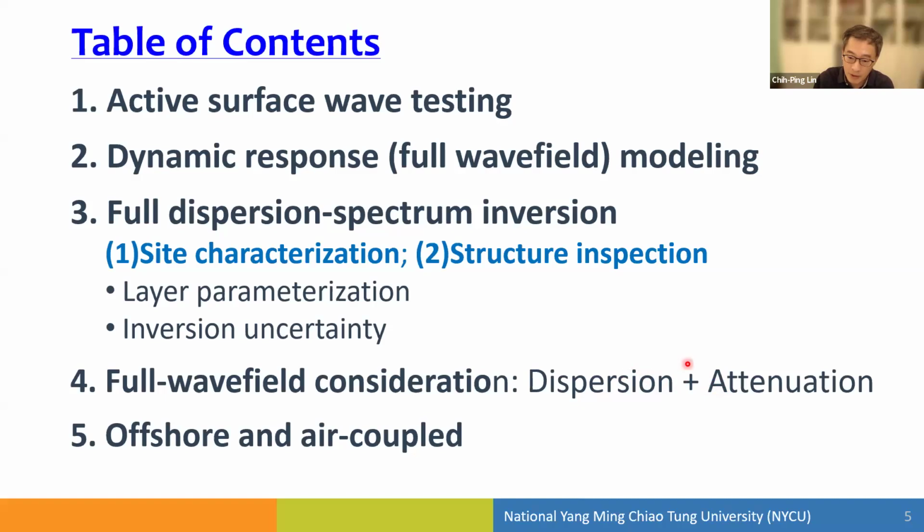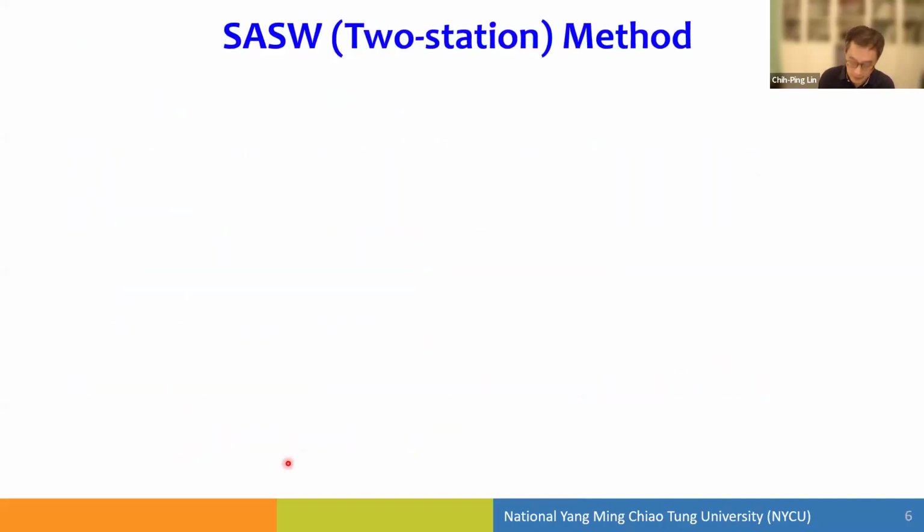So if we separate dispersion and attenuation behavior and consider them both, we can invert for modulus, shear wave velocity, and also for damping ratio. And finally, I would like to show you some recent efforts to extend the method from land survey to offshore, and also air-coupled measurement. Okay, so the first part is about field testing.